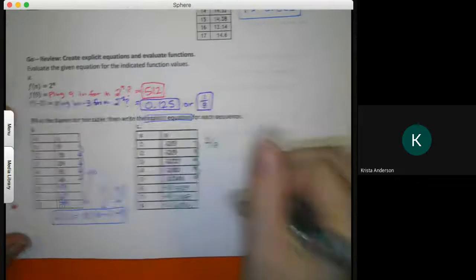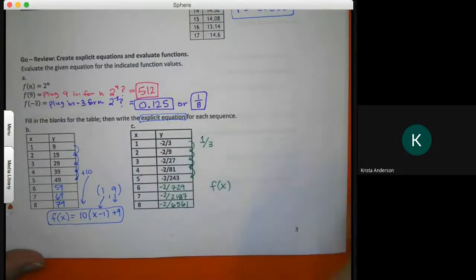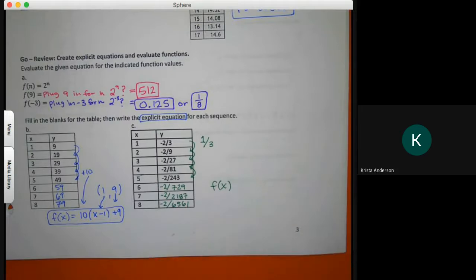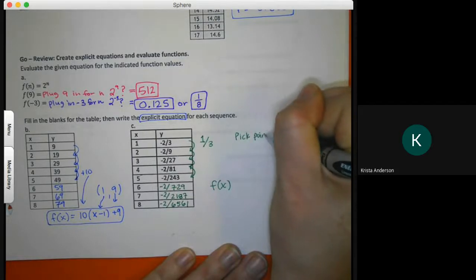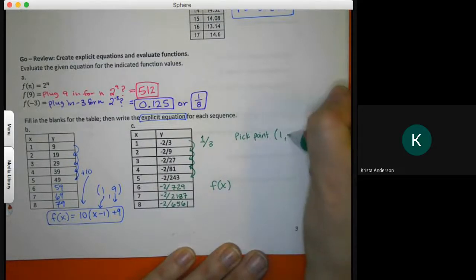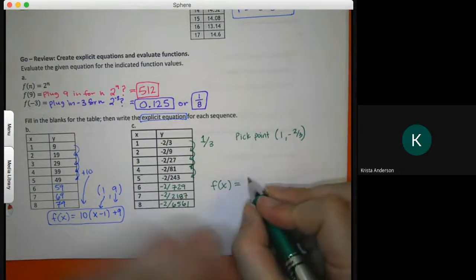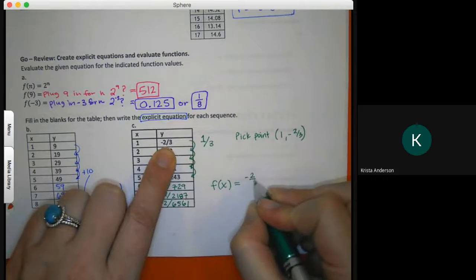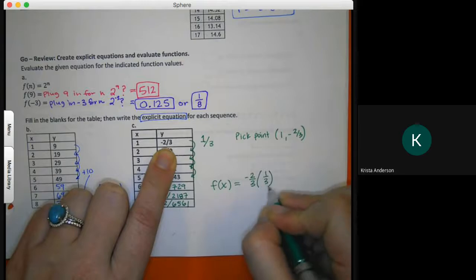For my equation, once I filled those in, somebody pick a point again. Okay, 1 and -2/3. So I start with -2/3, and it's being multiplied by 1/3.